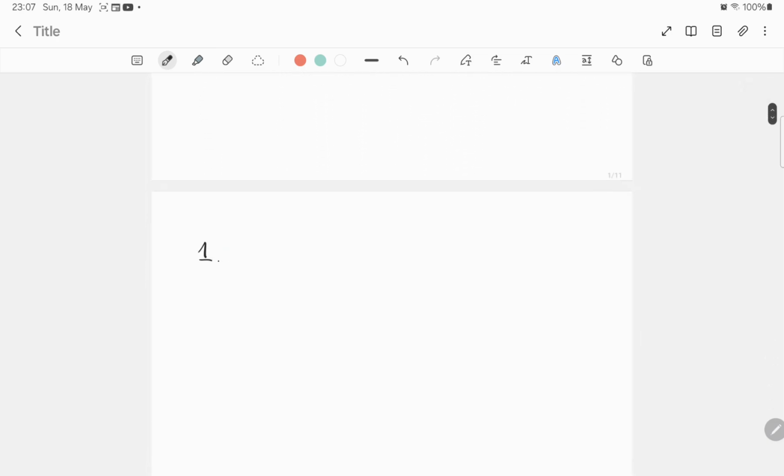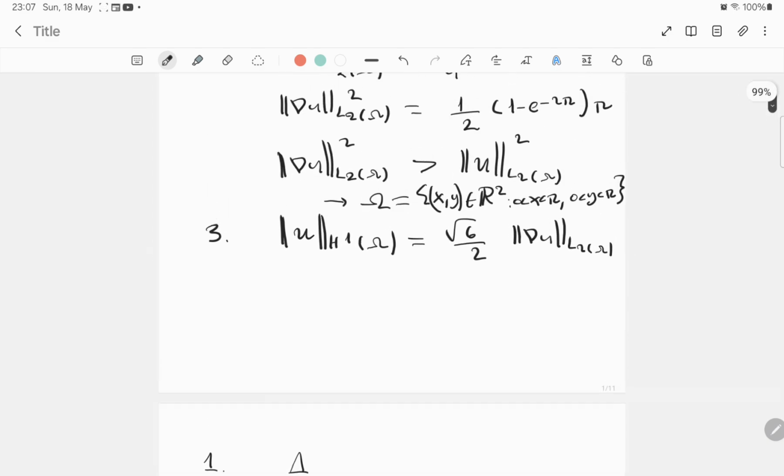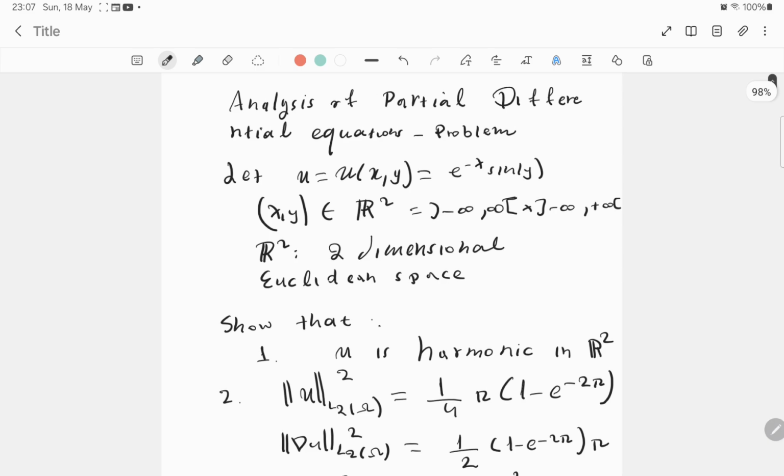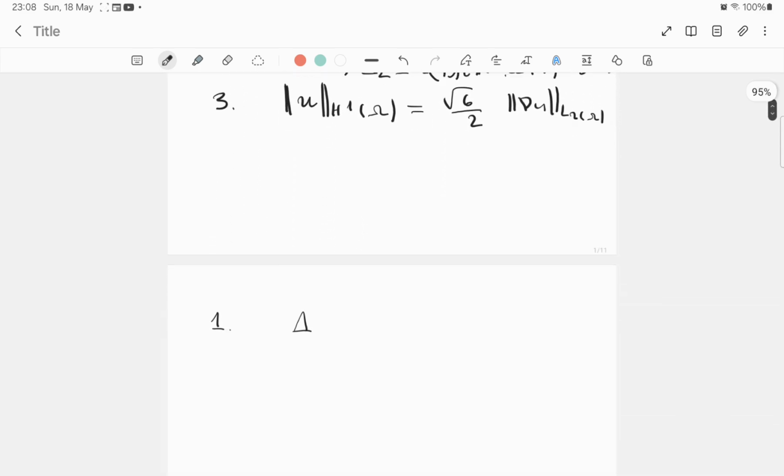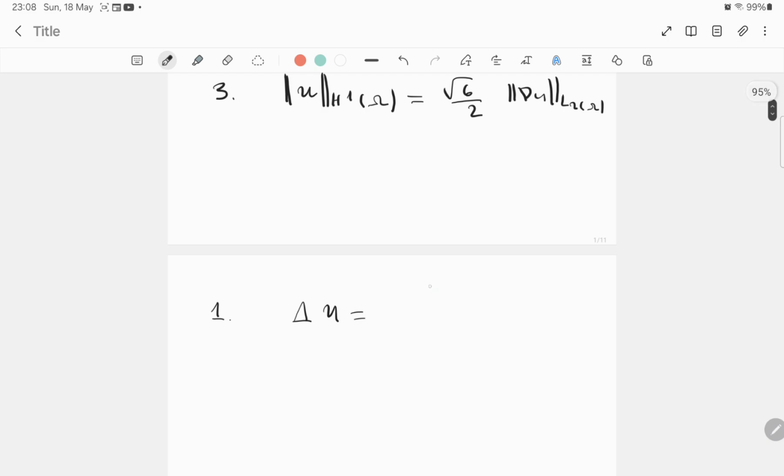Let's start with the first one. We have to show that u is a harmonic function. So we take the Laplacian operator on the function u, Laplacian of e to the minus x sine y.